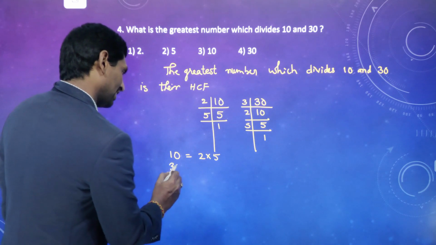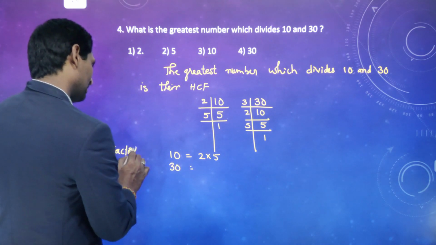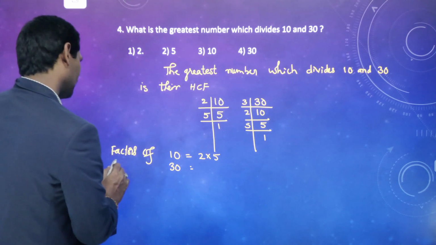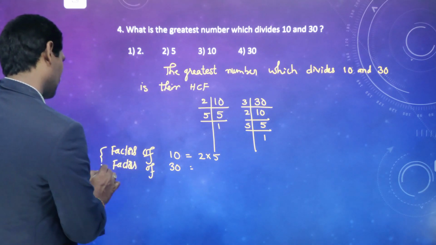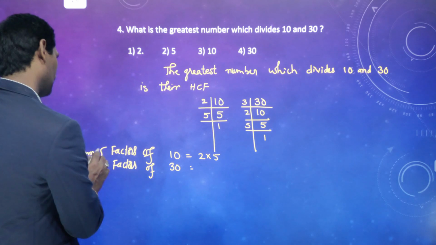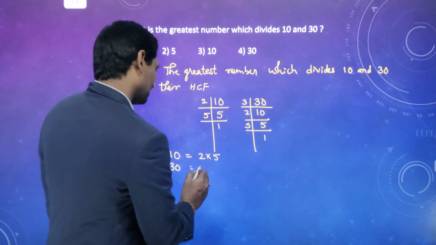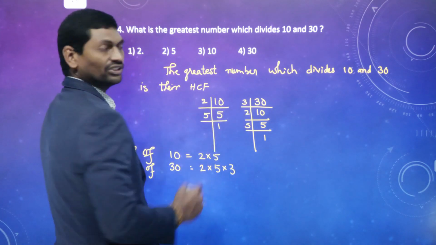So these are the prime factors of 10 and prime factors of 30. Okay? The prime factors of 30 are 2 into 5 into 3.